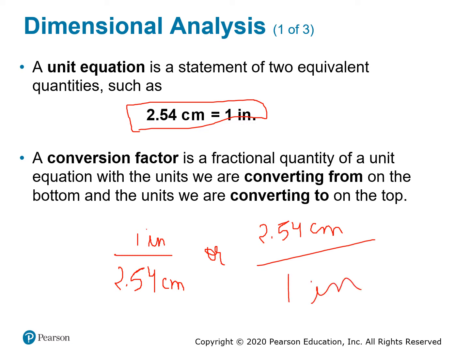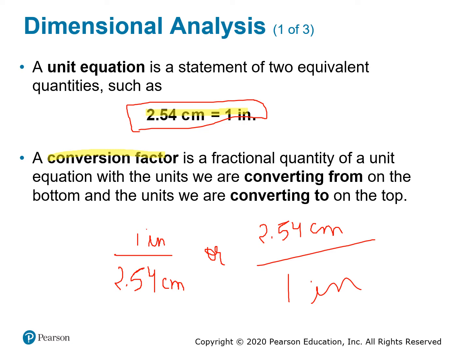This fractional form can be used as a conversion factor. So this is what we call a conversion factor. So there is the equality and the conversion factor in fraction form, and you can use it either in this form or in this form depending on what you want to find out.